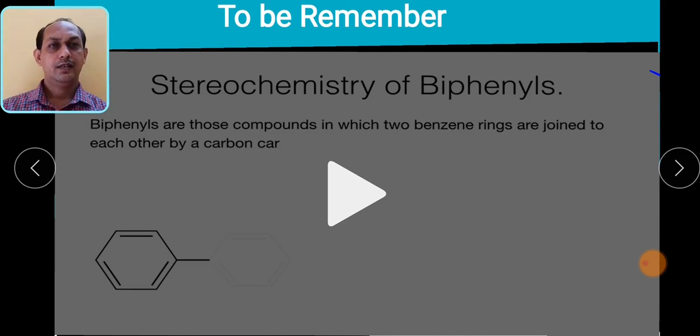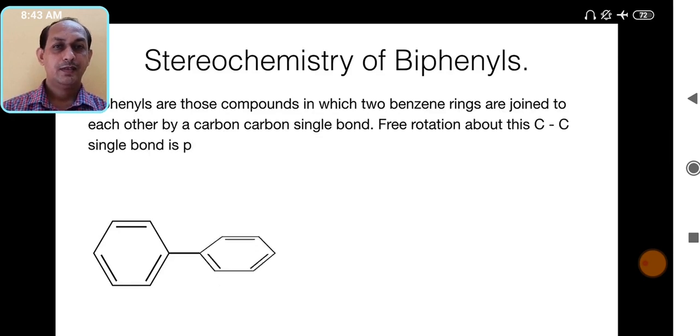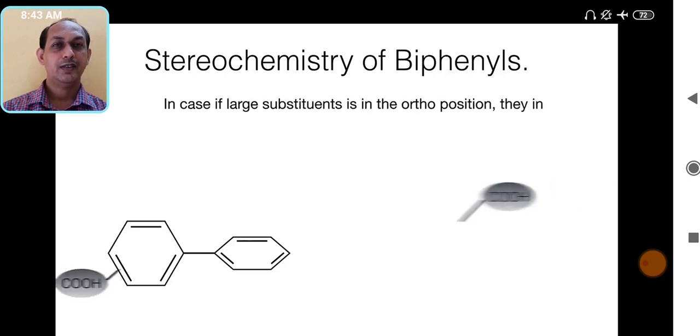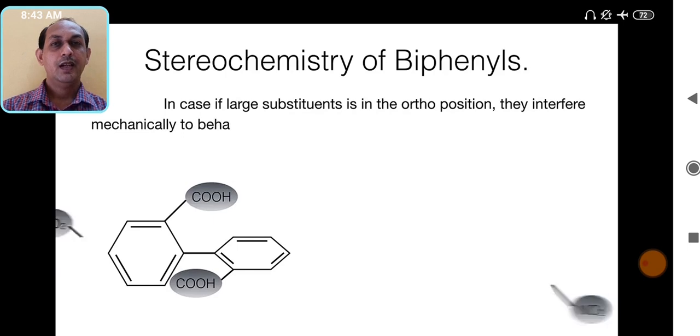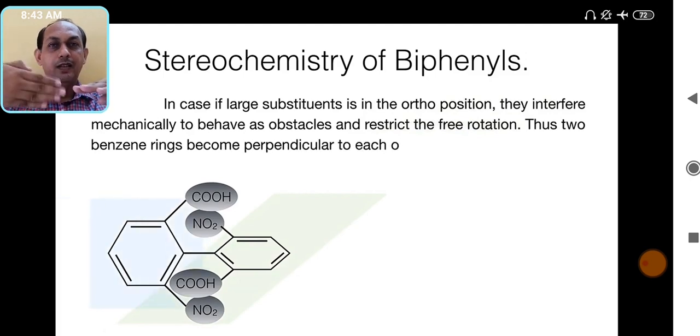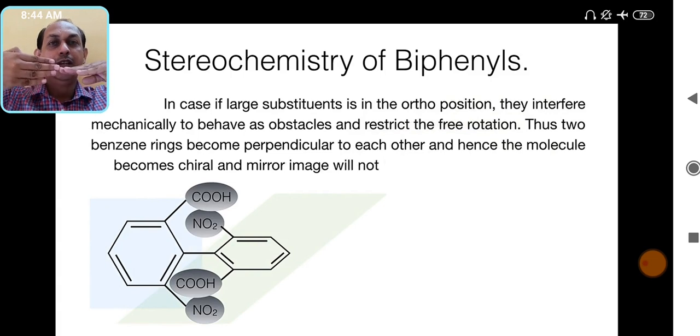Let us see the stereochemistry part. As we have seen, in the case of biphenyls, free rotation is possible when they are unsubstituted. The moment you have bulkier substituents present in both the rings at the ortho position, what will happen? The rings become perpendicular. Now you will find one ring in one plane while the other phenyl ring is in another plane. So there is restricted rotation and both the rings are perpendicular.